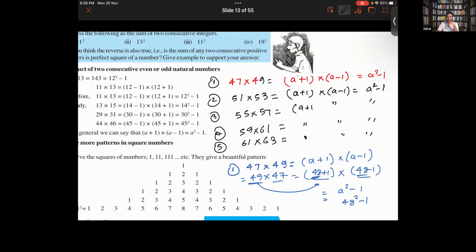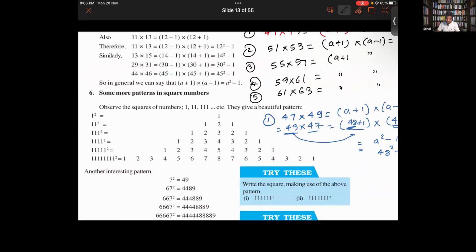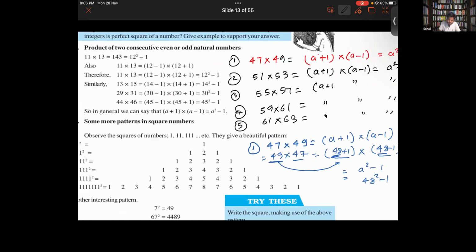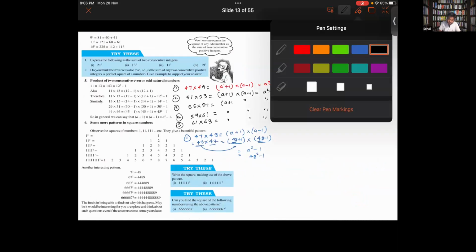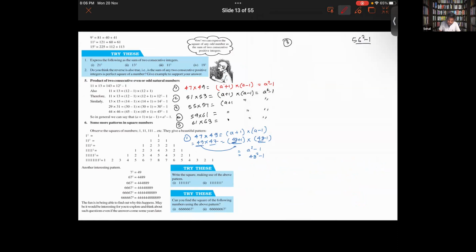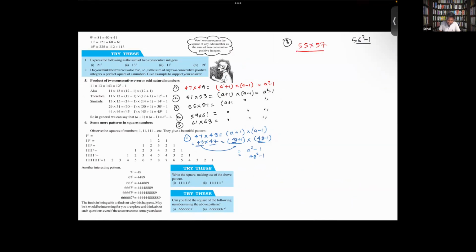Yeah, Arham, what value are you getting? 56 square minus 1. Yeah. Moaz and Ahmed, have a look at this question: 55 multiplied 57. So I can write them in the form of a plus 1 multiplied a minus 1.